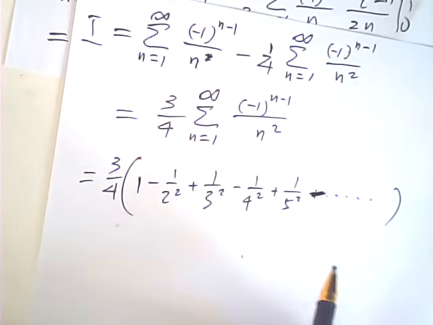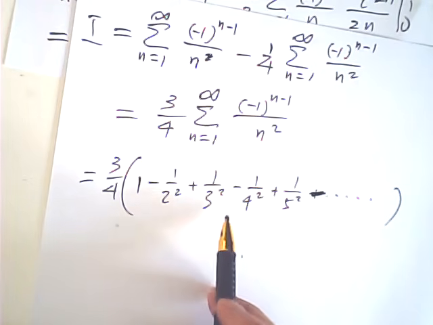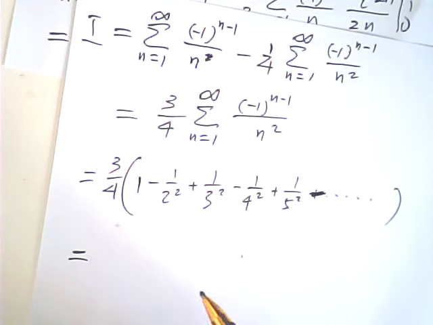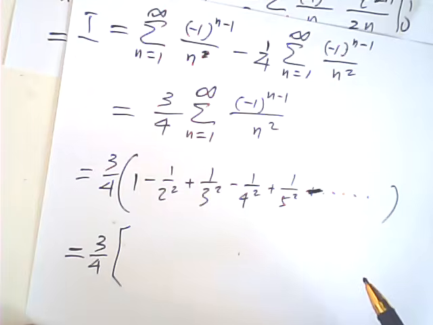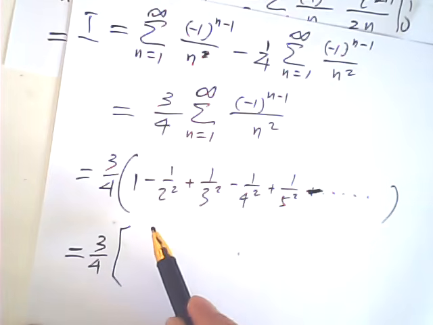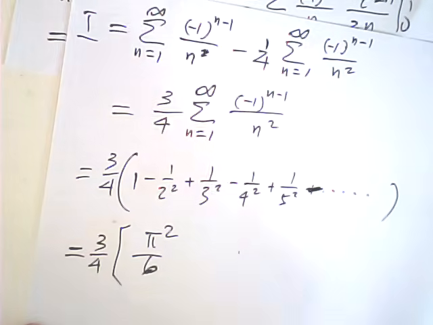Well, that means every even number power is a negative. So this one is more or less like, well, this is all positive, right? From 1, 2, 3, 4, and it's all positive.